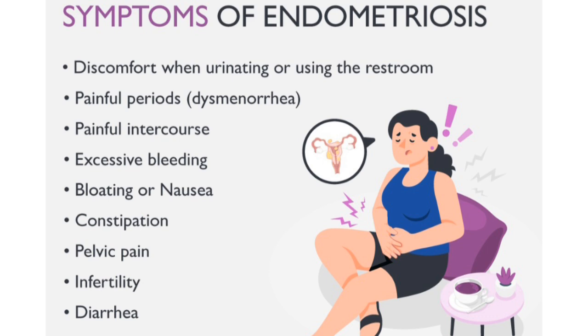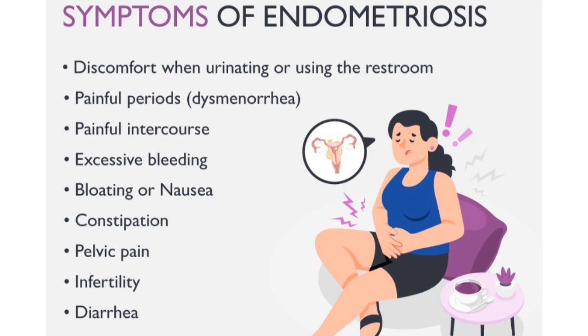Now, this pain doesn't only have to be located in the pelvis, it can be found in other parts of the body as well. Some of these parts of the body that can experience pain include the lower back, the lower abdomen, and groin. These are very common parts of the body that can also experience pain.